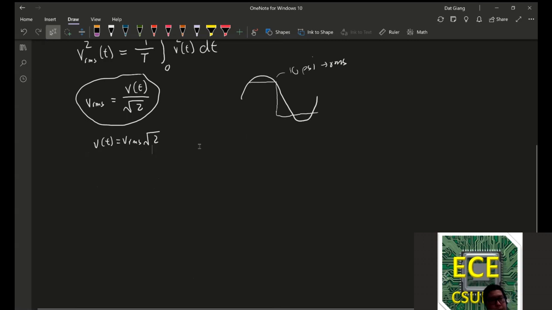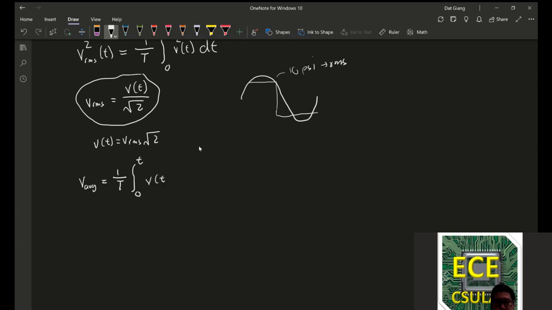But average value, as the name implies, it's just the sum of terms, like so. Now, what ends up happening is that if you have a sinusoidal signal, or just alternating signals in general, V average is always going to be 0.